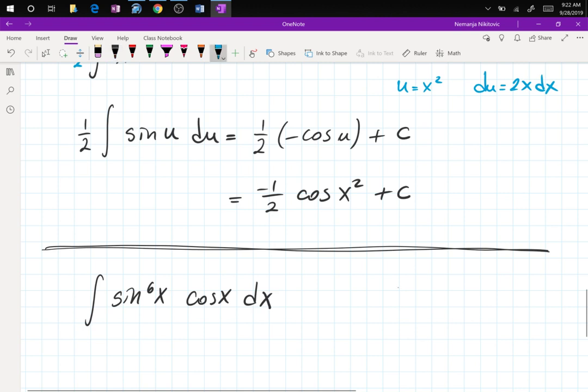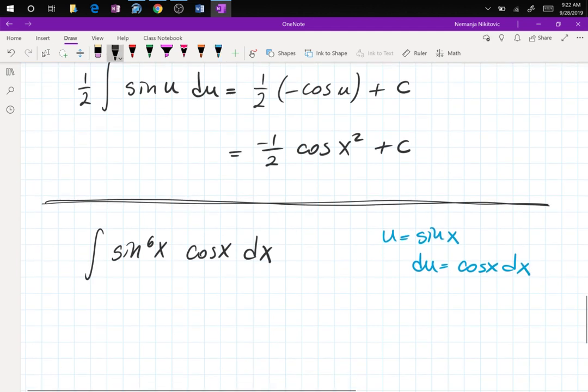So what would be my function derivative pair now? Sine and cosine, right? You want the single one to stay for the derivative so that you can use it for du. So we are going to set u to be sine x, and du is going to be cosine x dx.